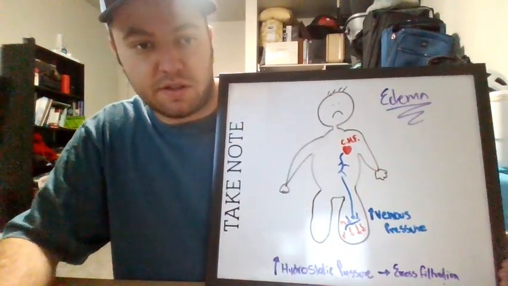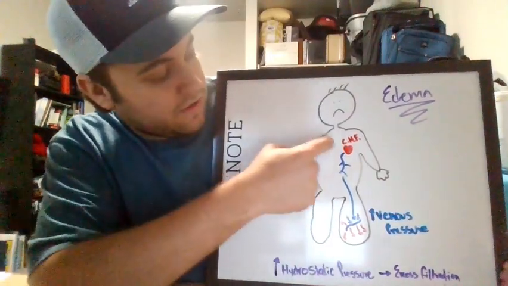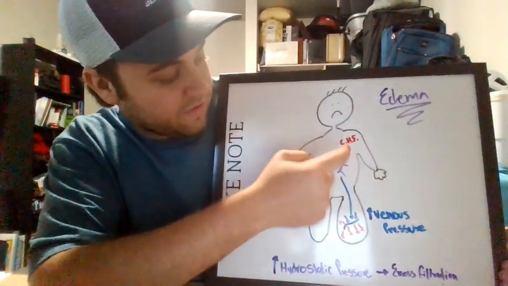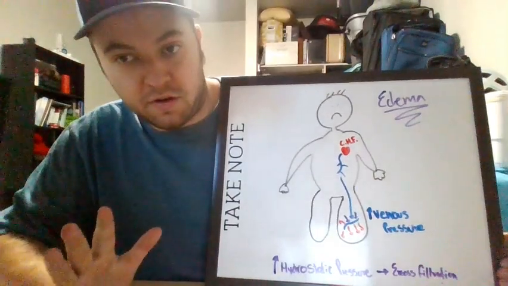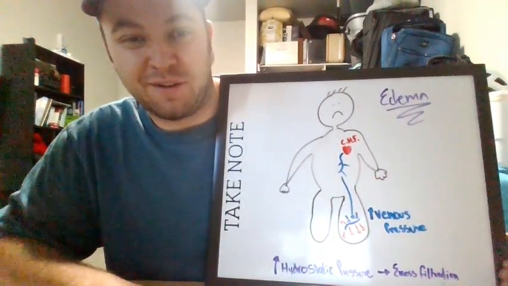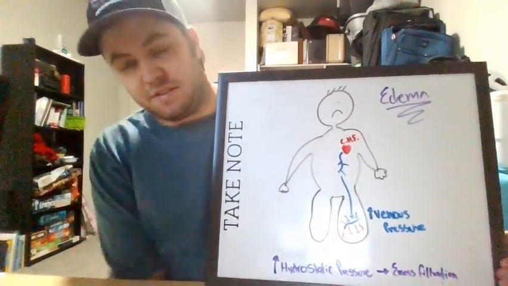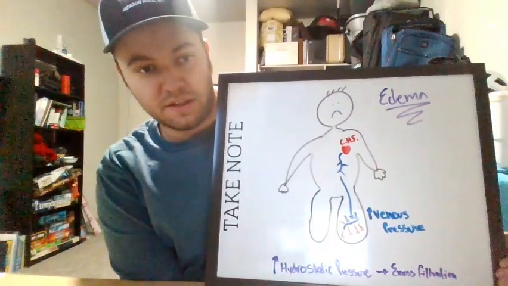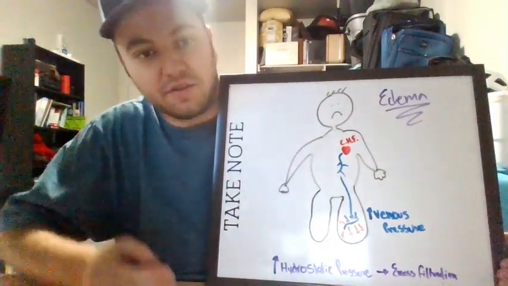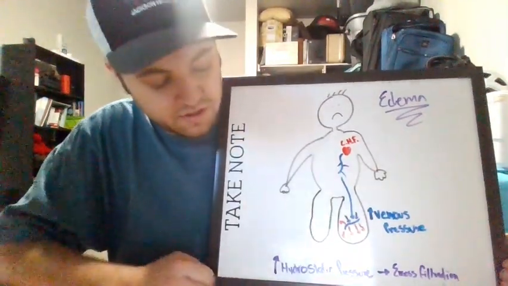So let's take a look at an example of congestive heart failure. Right here we have congestive heart failure in this stick figure. I'm not an artist, so don't judge. But when the heart can't pump blood forward efficiently, pressure builds up in the venous system. Okay, so this increases capillary hydrostatic pressure, especially within the legs.